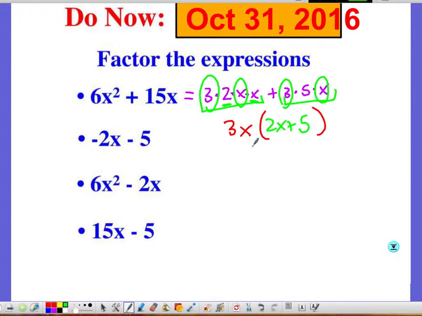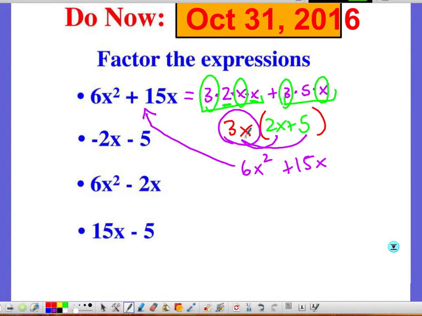This is what I mean by factoring, because when I distribute the 3x back into the parentheses, we get 3x times 2x, that gives me 6x squared, and then 3x times 5, that gives me 15x, which is exactly what I got in the very beginning. So 3x is what it breaks down to.